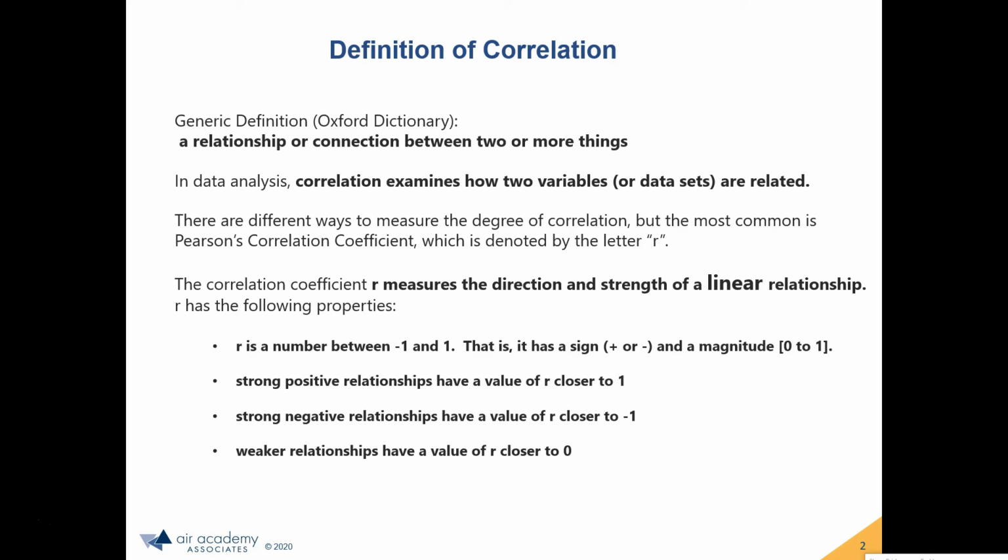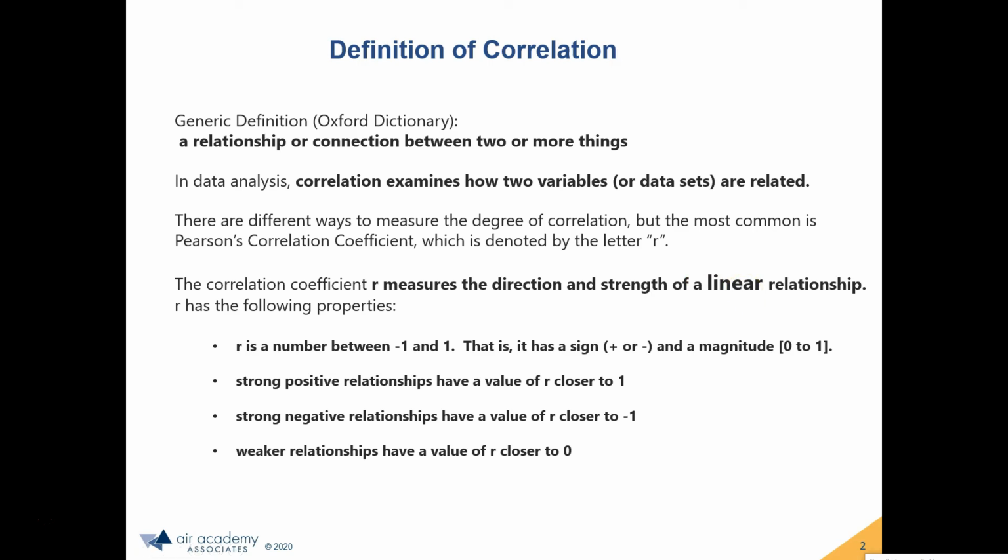Anyway, there are different ways to measure the degree of correlation, but the most common one is Pearson's correlation coefficient, which is denoted by the letter R. The correlation coefficient R measures both the direction and strength of a linear relationship, and the key word here is linear, and we'll point that out as we go through the material in this video. R has the following properties.